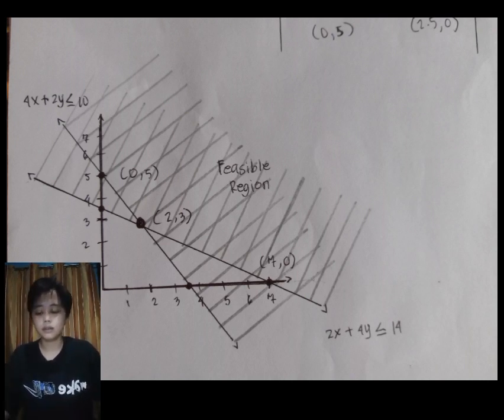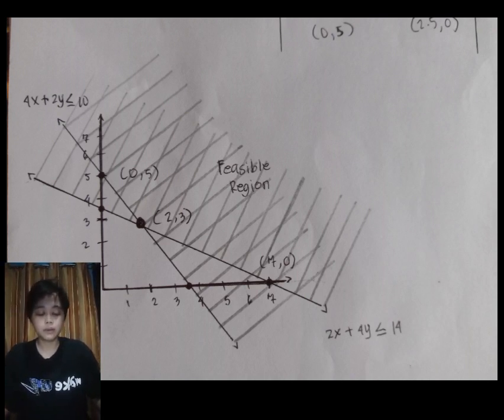We have here (0, 5), and (2, 3), and (7, 0), and (3.5, 0), and lastly (0, 3.5).